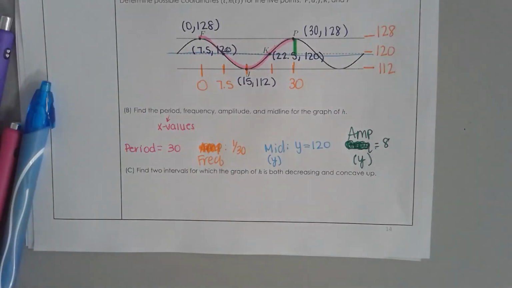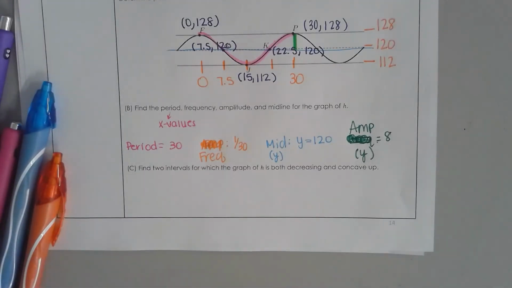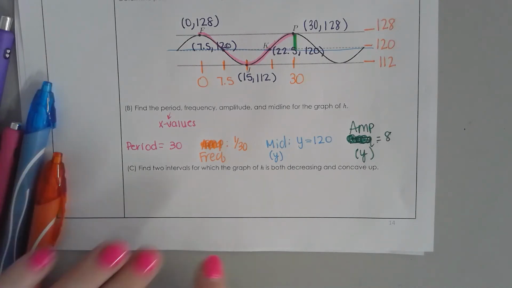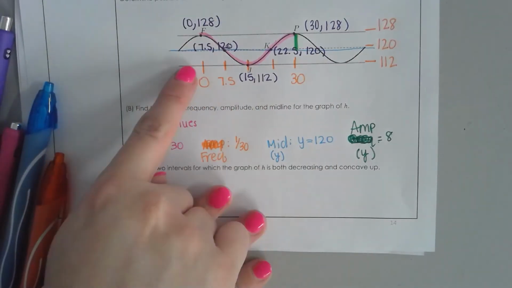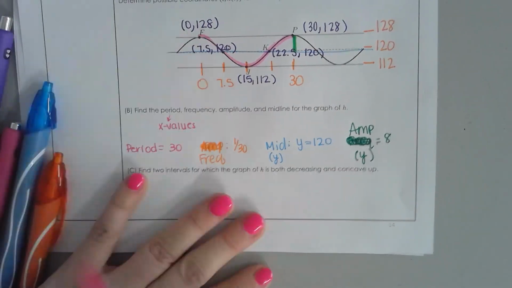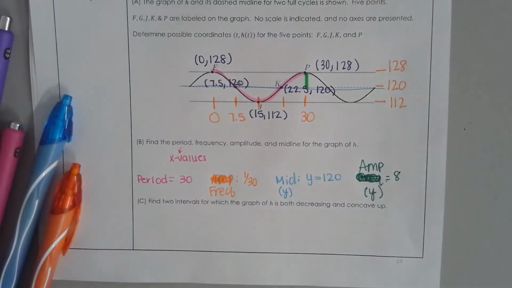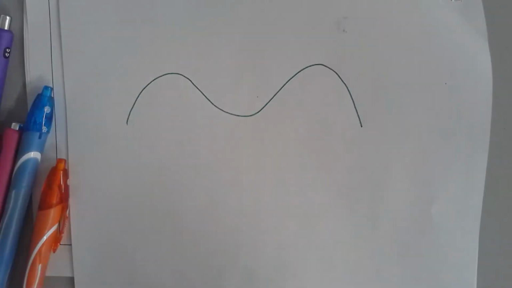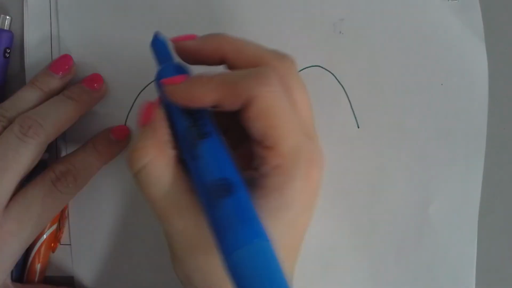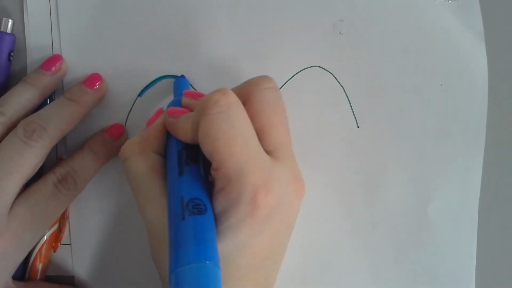All right, find two intervals where the graph is both decreasing and concave up. So decreasing and concave up. So when you think about concave up and concave down, it kind of stops halfway.